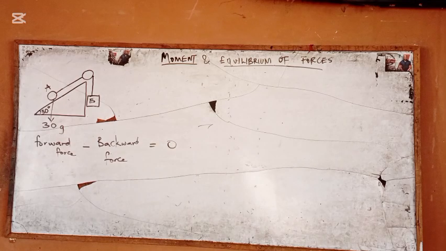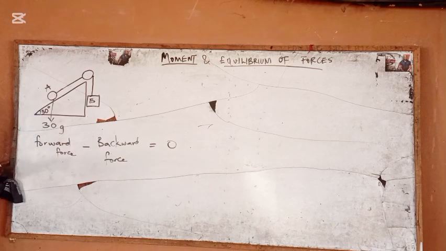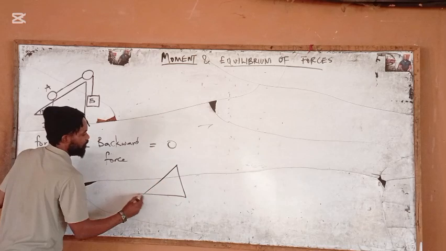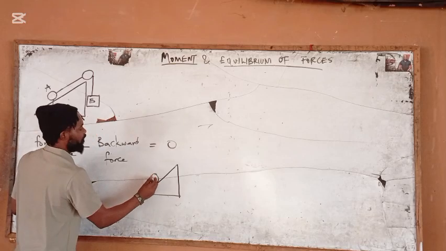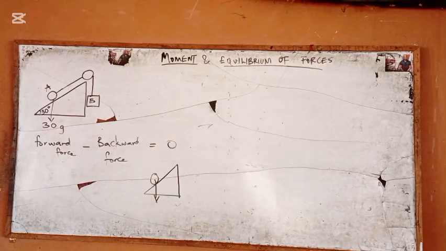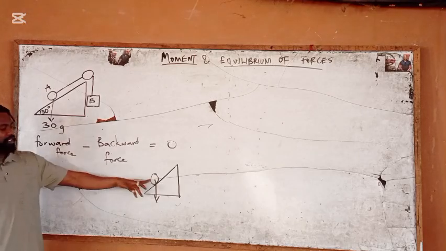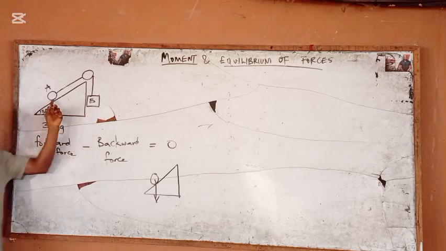Please notice that if I have this to be my inclined plane, and I have force on this A to be this way, and I have this weight acting on this object downwards, notice that this is mass, right?